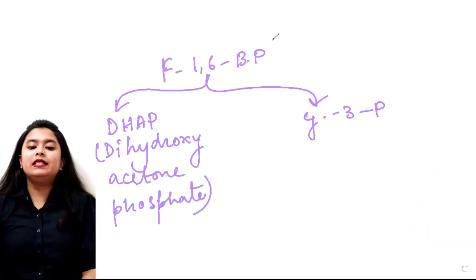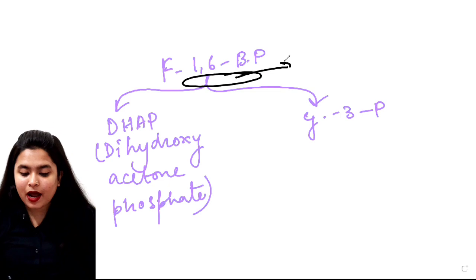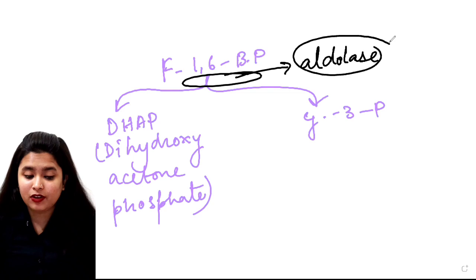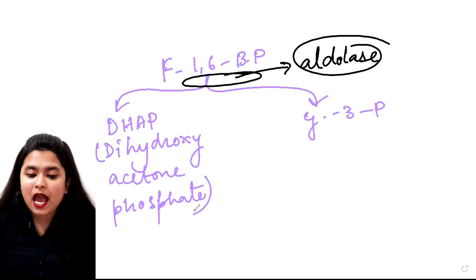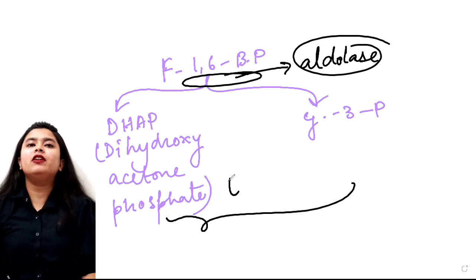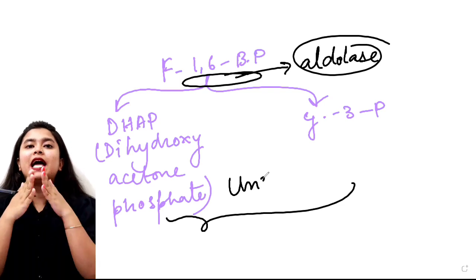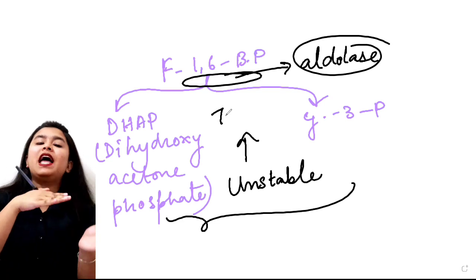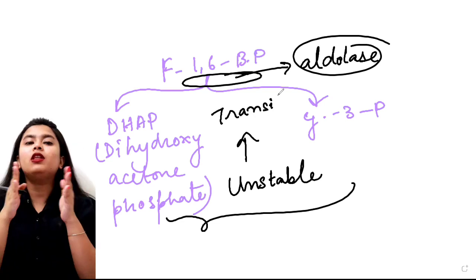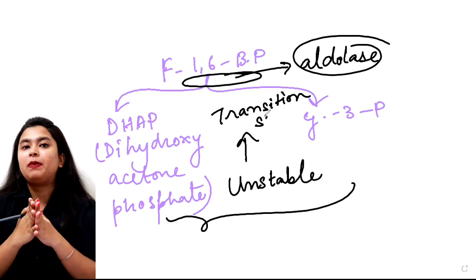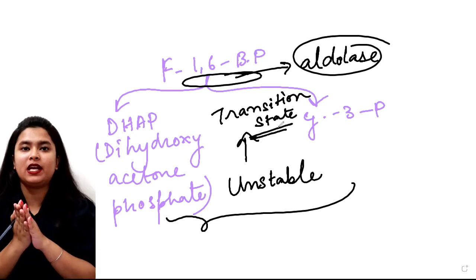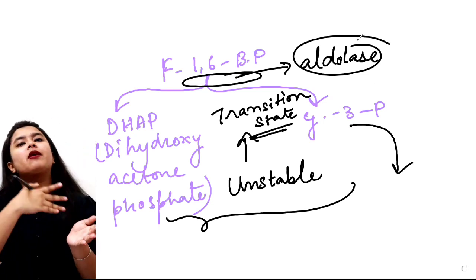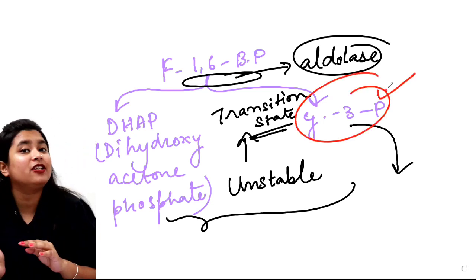In this division another thing will be asked: which enzyme is used in this division? That enzyme will be none other than aldolase, which is doing the cleavage. Dihydroxyacetone phosphate and glyceraldehyde 3-phosphate are both 3-carbon compounds which are unstable in nature. That means one time it can turn into dihydroxyacetone phosphate, another time it can turn into glyceraldehyde 3-phosphate.